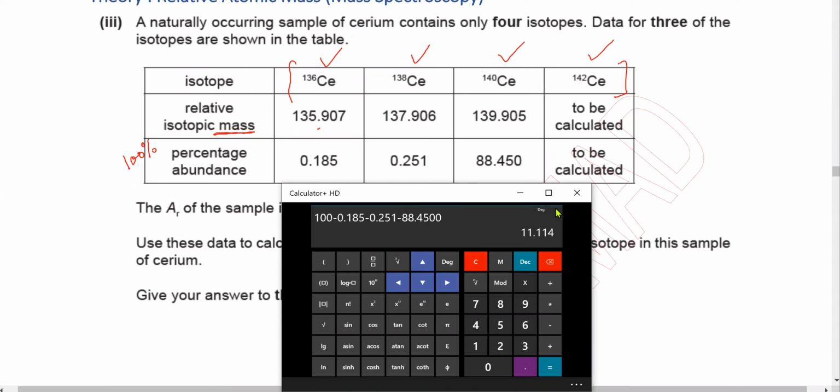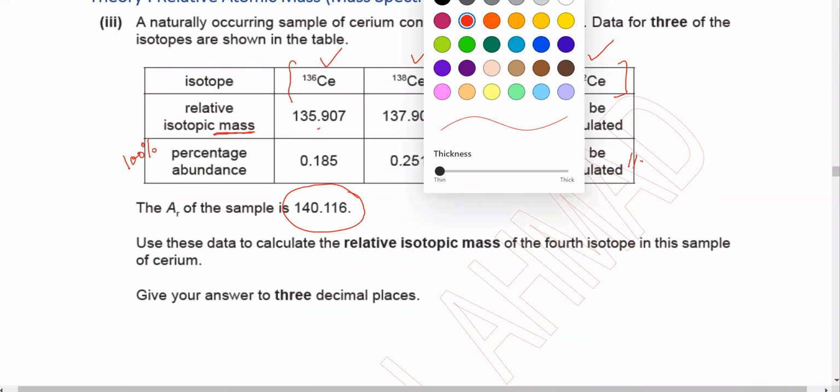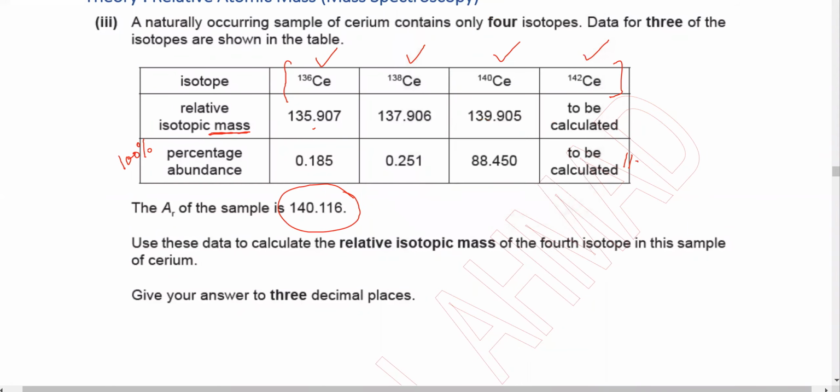And the answer I get is 11.114%. So over here, the value is 11.14%. That's the value I'm getting.